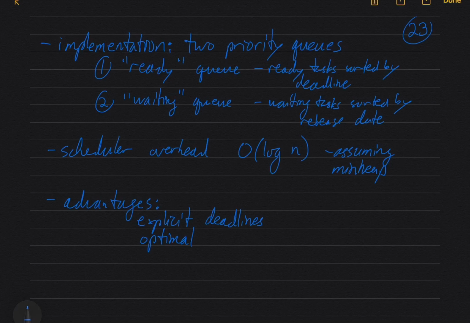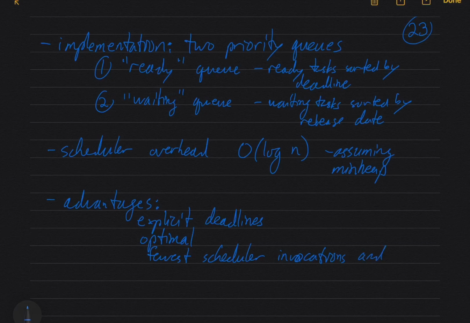And a third point is that it has the fewest scheduler invocations. So with fixed priority preemptive, your scheduler basically runs every time slice, maybe more often if tasks are blocking halfway through a time slice.